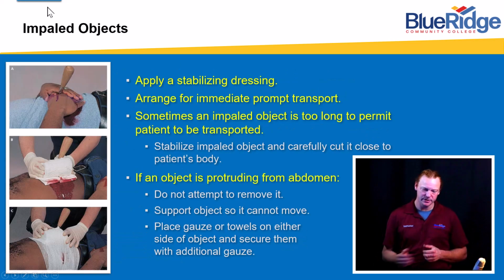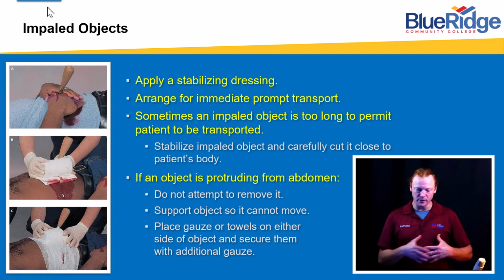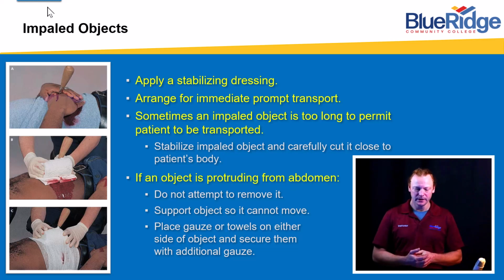All right, impaled objects. Apply a stabilizing bulky dressing around the impaled object. Never remove the impaled object, because that's probably what's preventing massive internal hemorrhage, is the fact that that object is still there.